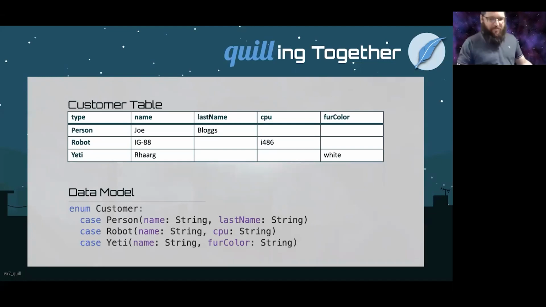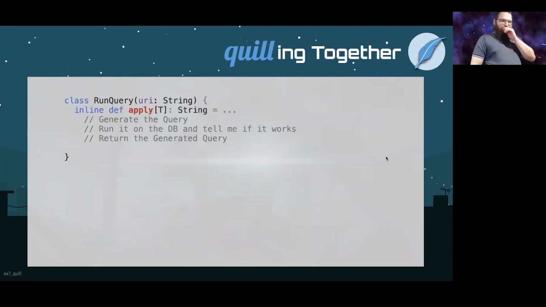So let's say this is our data model. In the Hibernate lingo, we would call this a table per hierarchy data model, or table per coproduct data model, I think would be a better way to describe that. So this coproduct customer has a bunch of different fields and a bunch of different types, and we have a table that defines all the field values of those things.